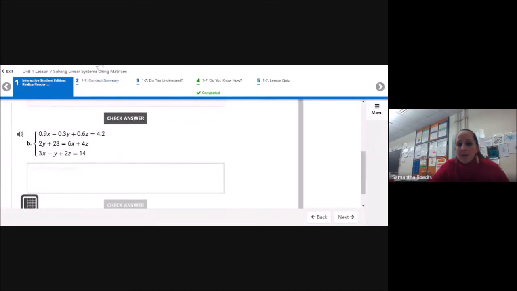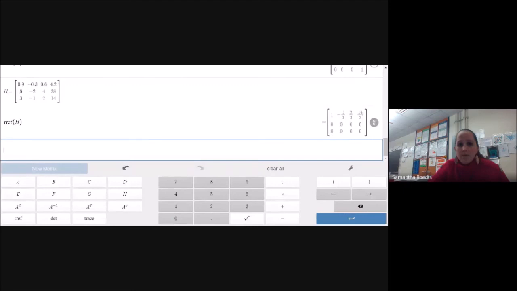So that means I either have infinitely many solutions or no solutions if I don't have one specific solution. So looking at this, 0 does equal 0, 0 does equal 0. That means I must have infinitely many solutions.